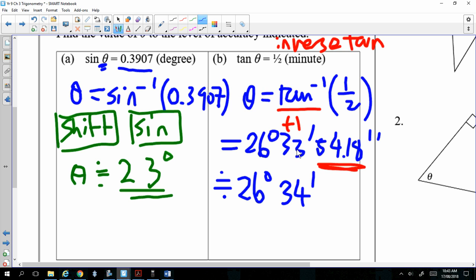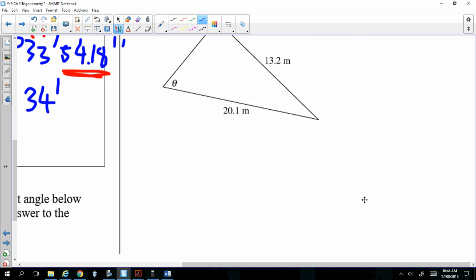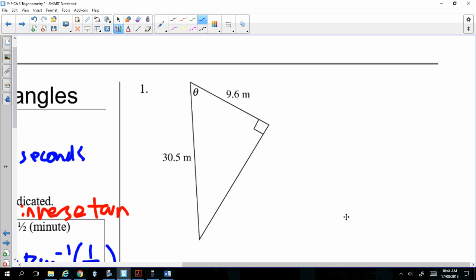Now we're going to apply it to trigonometry. I'll give you 1 minute. All right, find the value of the angle correct to the nearest minute. Show working. Finding the angle is very easy. Watch this. What do we call this side? Very good. How about this one?